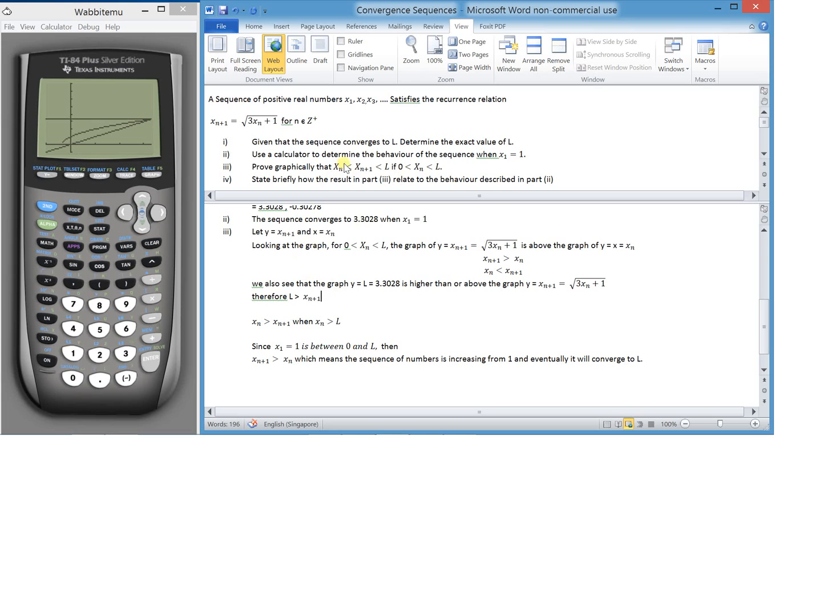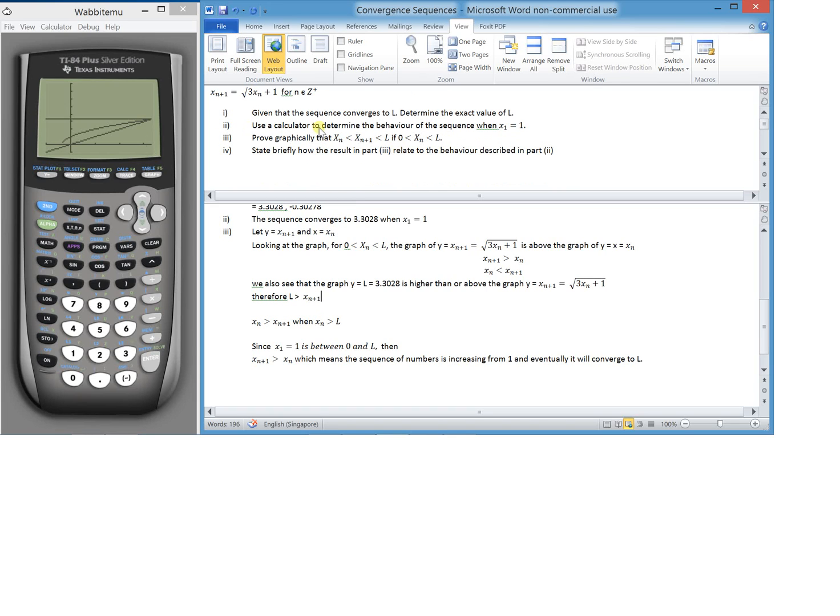So I've proven this part of the inequality, haven't I? So L is greater than xn plus 1. Here also means L is greater than xn plus 1. So if this is all seen from the graph, nothing looks the same for these two.